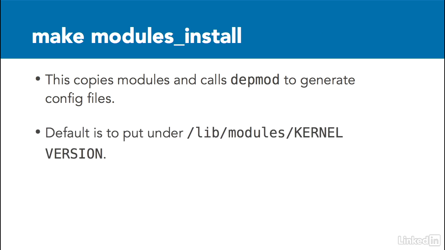Generally, in the kernel makefile, targets that have install in the name, like modules_install, imply you need to be root to do that part. So you don't need to be root to build a kernel. You don't need to be root to compile modules, but you have to be root to install modules or to install the kernel. And you install the kernel with make install.